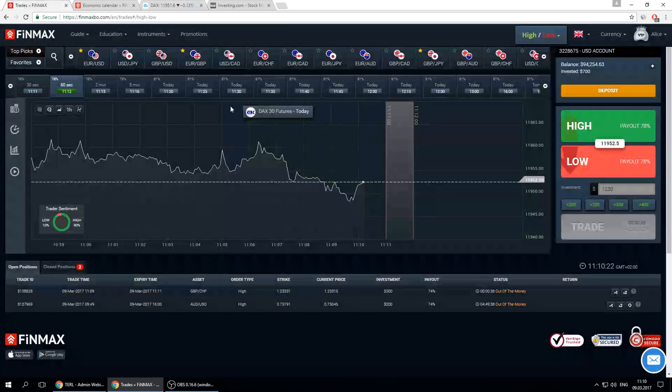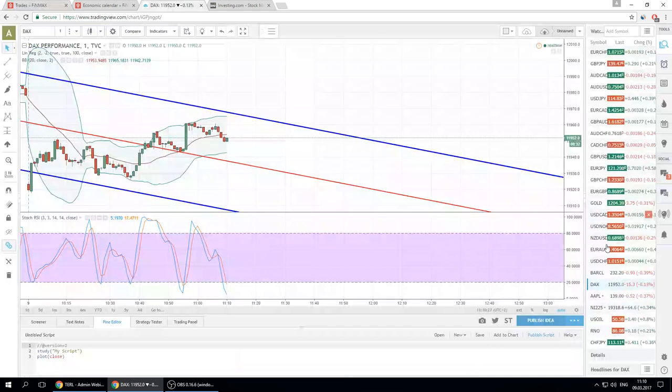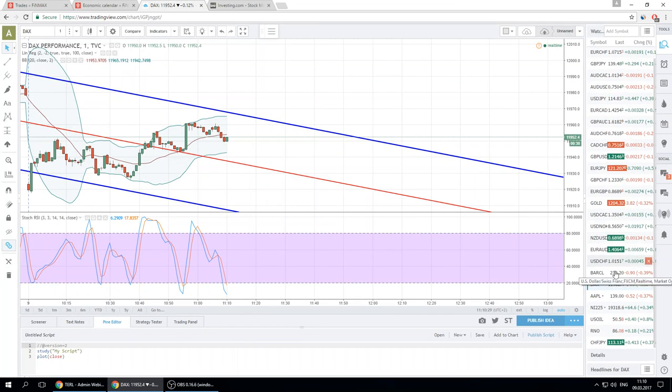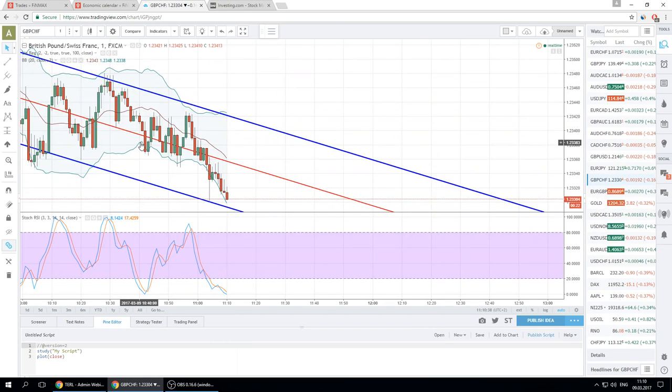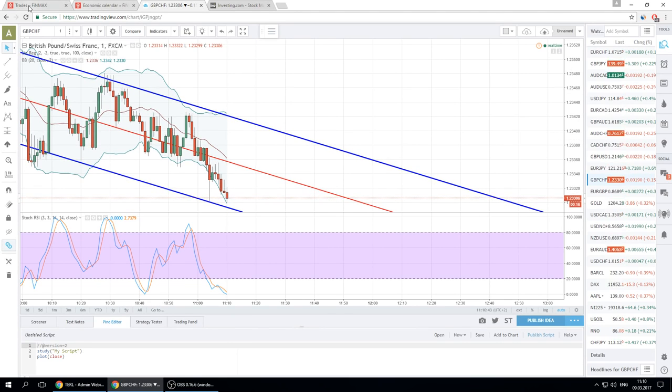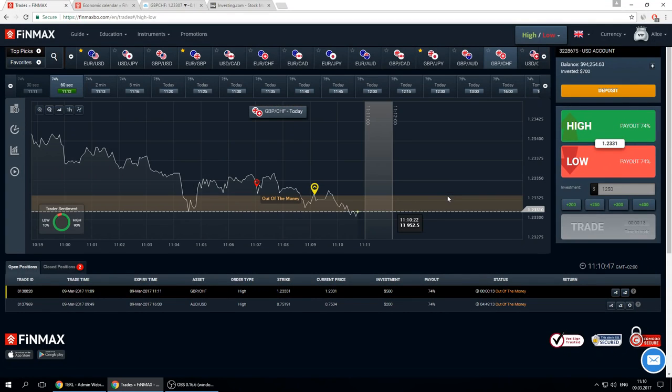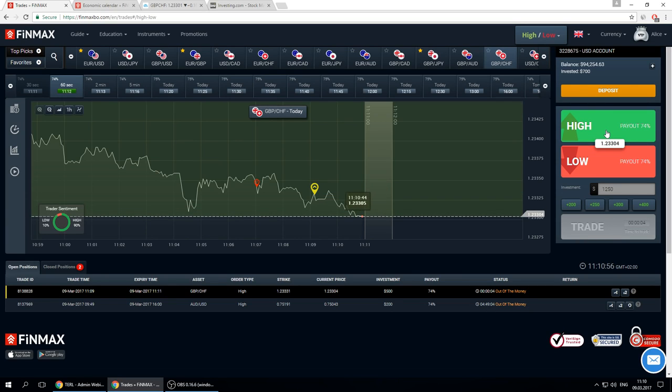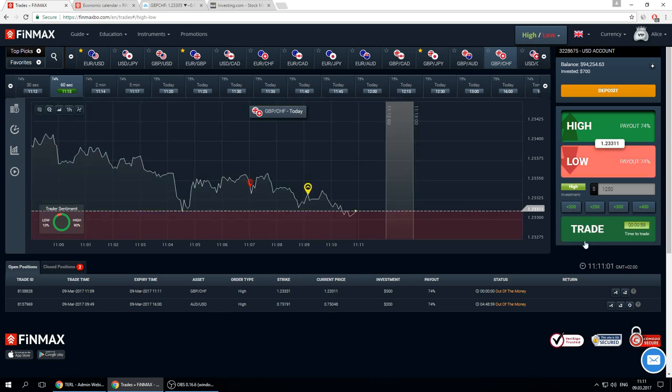I'm waiting for it to turn back, and in 30 seconds, we'll come back to it. Also, this trade is out of money right now. So we may need to enter on the third circle. Let's go.